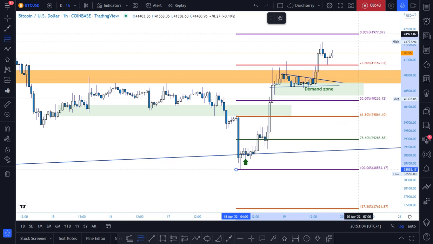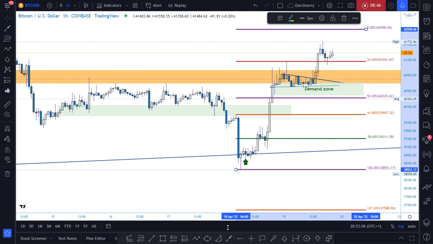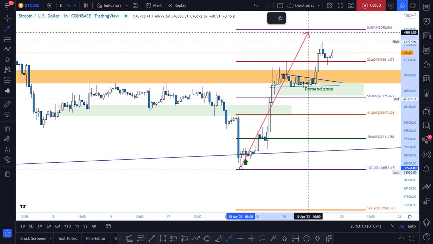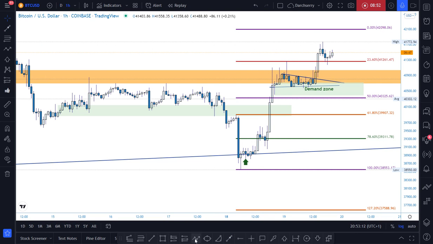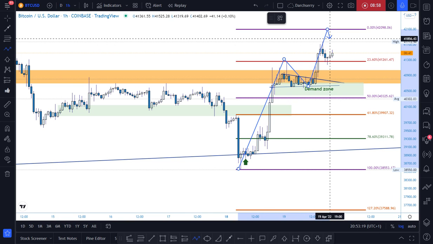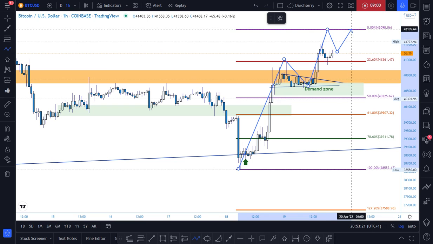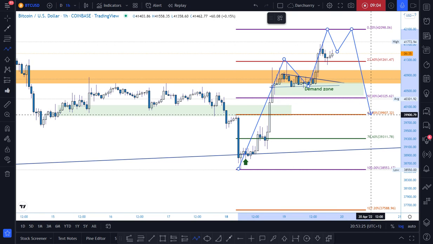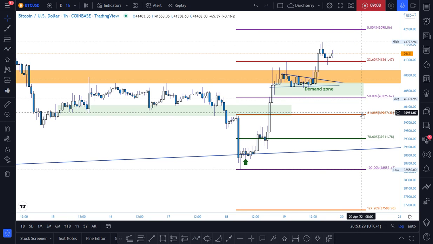At this moment, this impulse leg is not yet complete, as we need to look for reversal structures at the top to confirm a completion of this impulse leg to the downside, after which we can be looking for a retracement between 50 and 78.6 of that impulse leg.